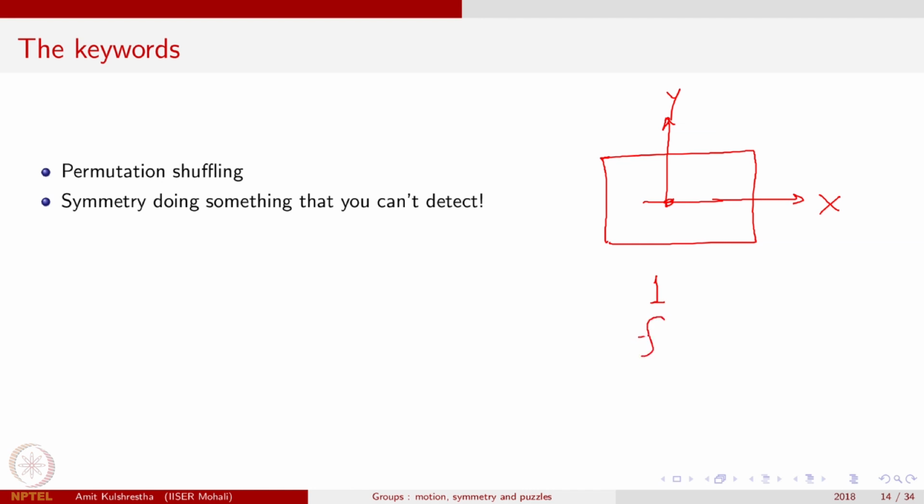Or if I flip about the x-axis, or if I flip about the y-axis, or if I rotate by an angle of pi, all these are symmetries of a rectangle. So that's what I said. We do something which cannot be detected, that's symmetry.